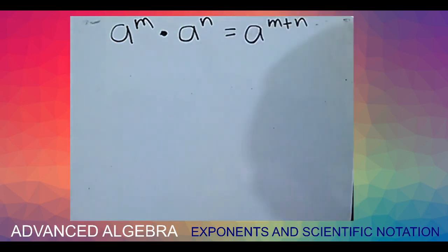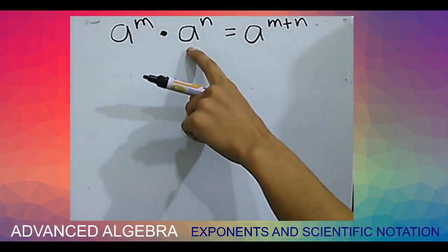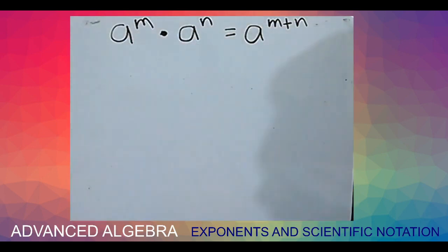Okay. Tumungo tayo naman sa product rule of exponent. Di ba sabi kanina, a to the m power times a to the n power is equals to a to the m plus n power. Sabi doon, yung exponent natin pagpaplusin kapag ating given na base ay magkaparehas.